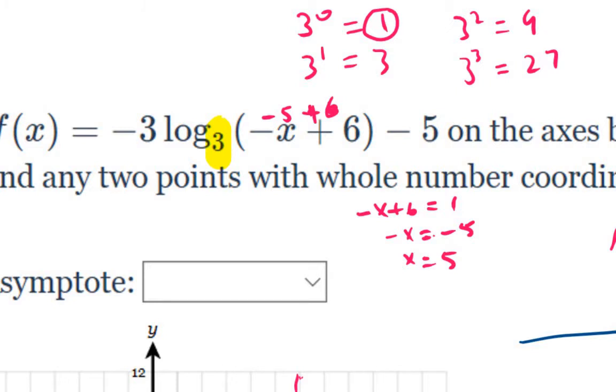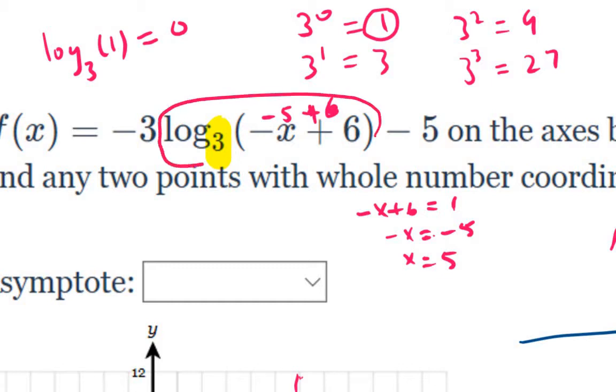So then, what is log base 3 of 1? Of course, everybody knows it's 0 because 3 to the power of 0 is 1. So all this log expression, if x is 5, becomes 0. Then we multiply by negative 3; 0 times negative 3 is 0.